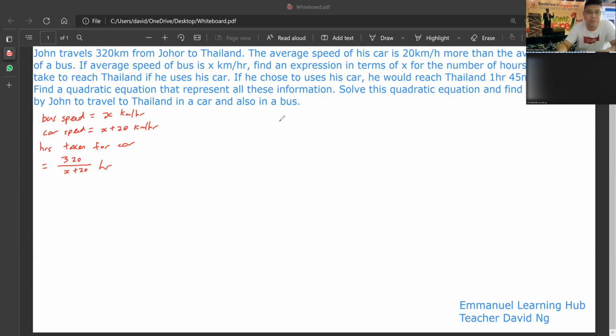Agree? Expression in terms of x for hours taken to reach Thailand if he uses car: Thailand and Johor are 320 km away, then distance divided by average car speed, you have the time taken to reach Thailand.